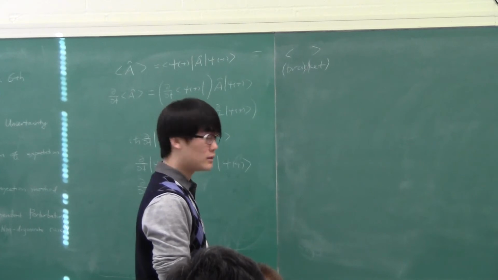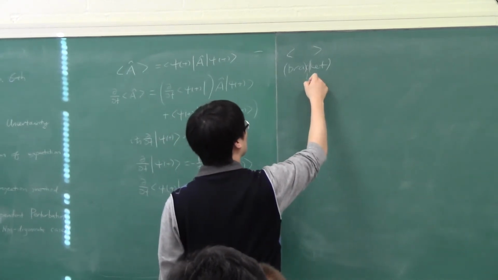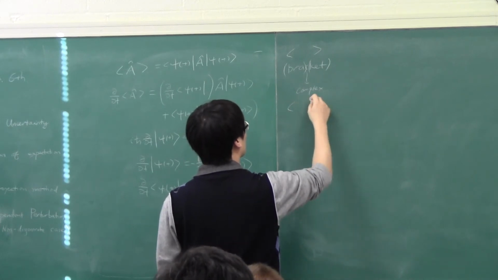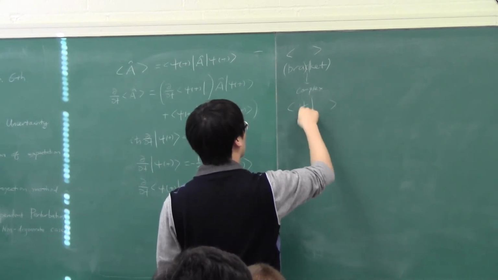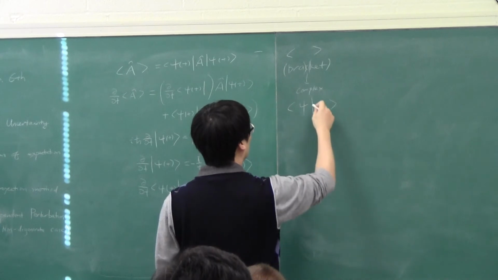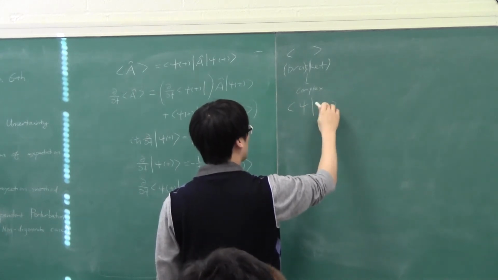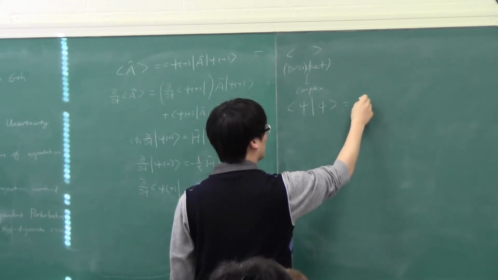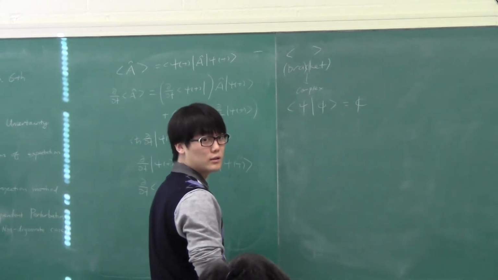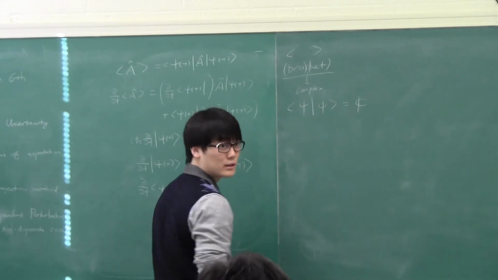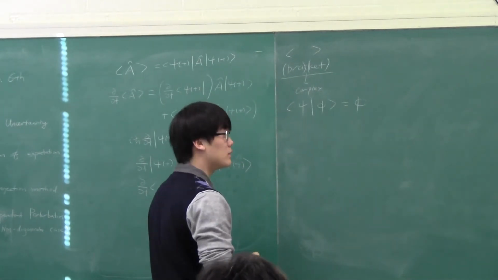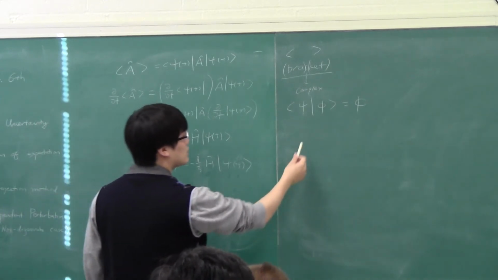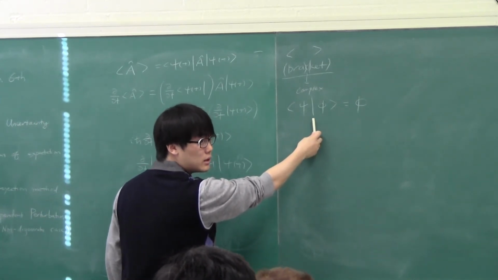That c you can think of as standing for a complex number, because when you take the inner product of a bra with, in general, another ket, you get in general a complex number. So this is how you should remember it: in bracket, the middle c stands for complex. Now the operator operates on the left of the ket and on the right of the bra.